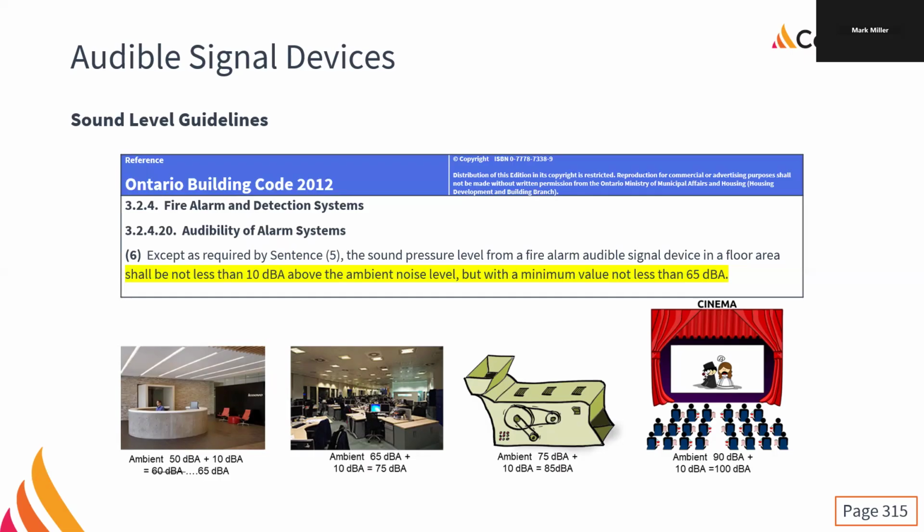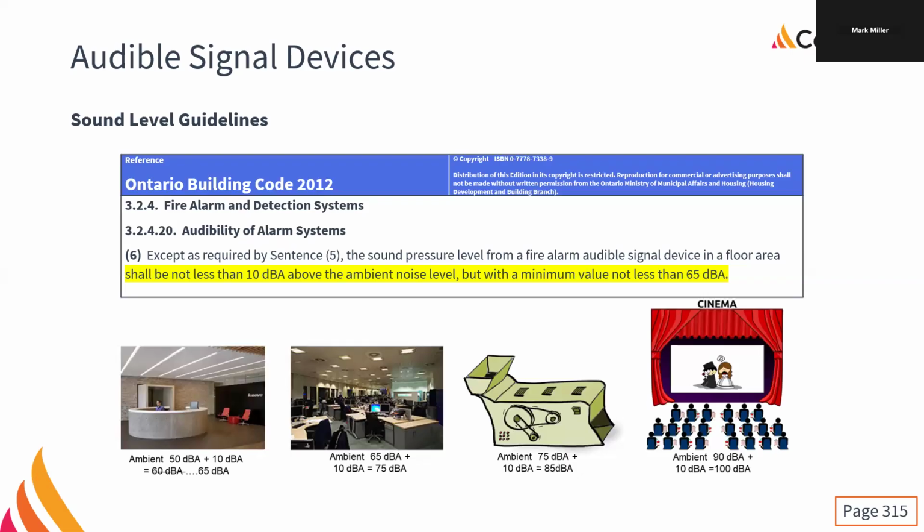So we need to be a minimum of 60 decibels. But of course, we have to be a minimum of 65 decibels no matter what. But if we have a louder environment, a factory floor or something like that, that's about 75 decibels. Well, we have to be a minimum 10 decibels above that, which brings us up to a minimum of 85 decibels for that area. Right, so it's ambient plus 10 decibels, but never lower than 65.